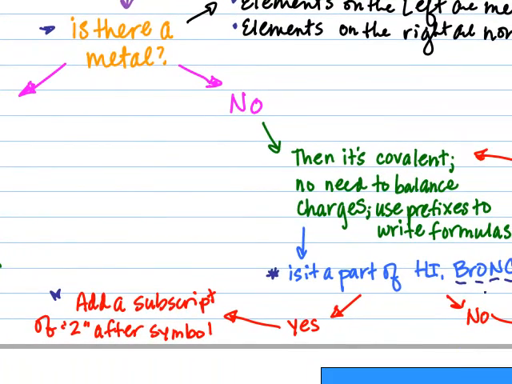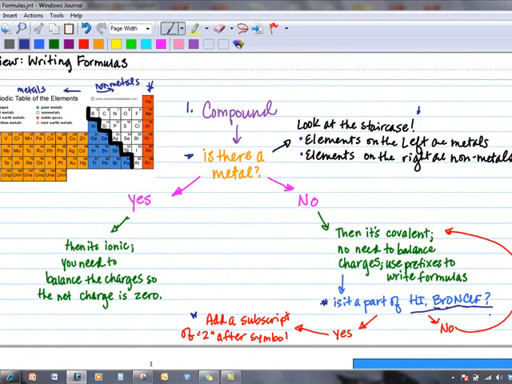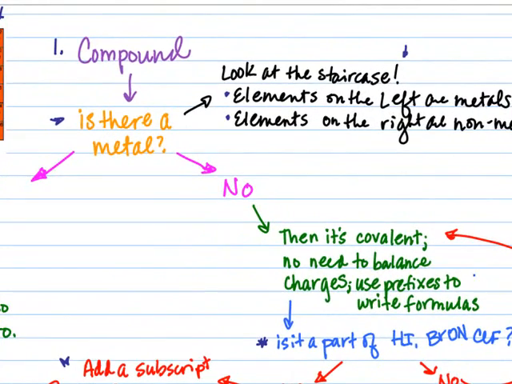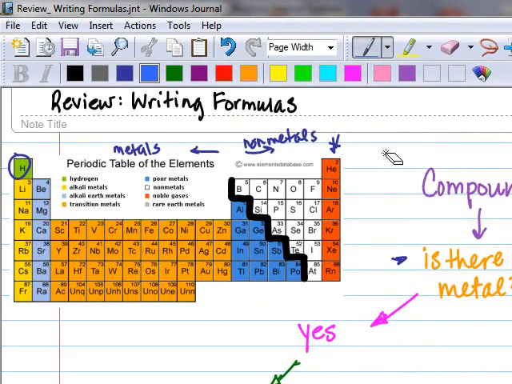But if the compound that you're writing is not one of these elements in HI BrONClF, then you're just going to follow the rules here for all of the covalent compounds. Oops, I have to rewrite BrONClF. There we go.